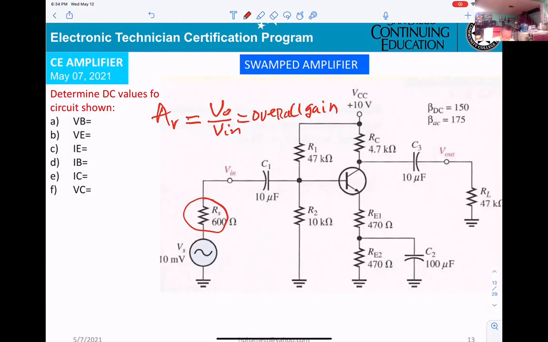However, for the CE amplifier, what does the gain equal? It will be equal to V out divided by VB. The gain up to here only, not up to here. Not counting the input.